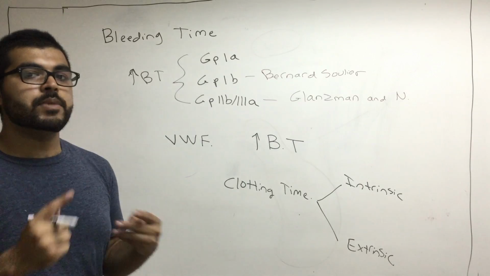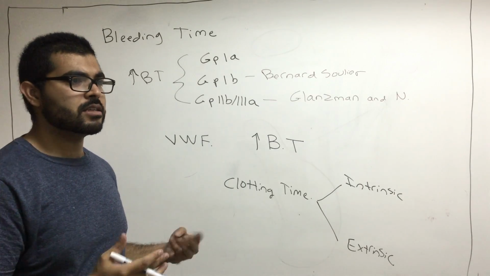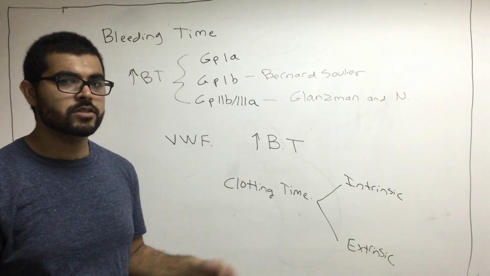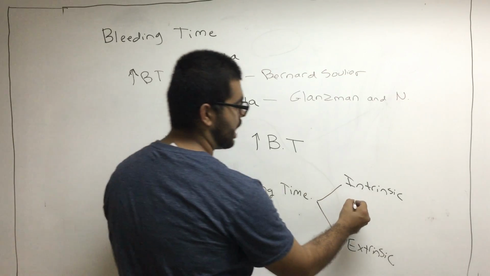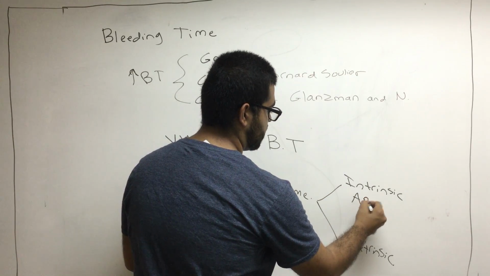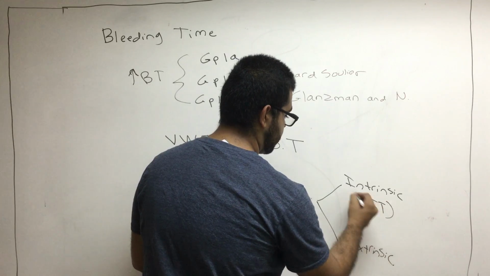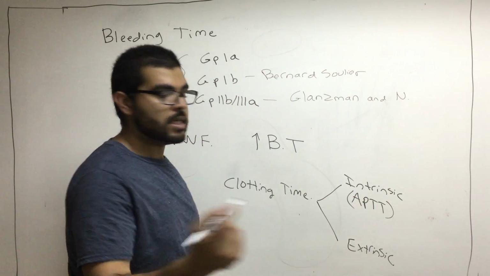Intrinsic is going to be your APTT. Remember what Opadia said, table tennis you play inside and regular tennis you play outside? So intrinsic, APTT. Extrinsic, PT.